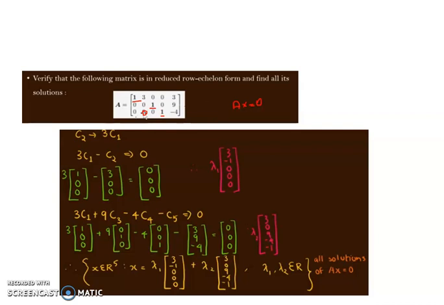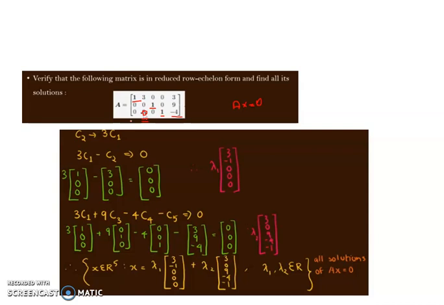Since it is in reduced row echelon form, what you can do is identify the non-pivot columns. The non-pivot columns here are column 2 and column 4. Next, you can represent these non-pivot columns using the pivot columns in some way, either by multiplying or by taking a sum of the pivot columns.